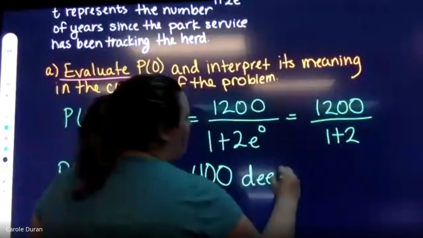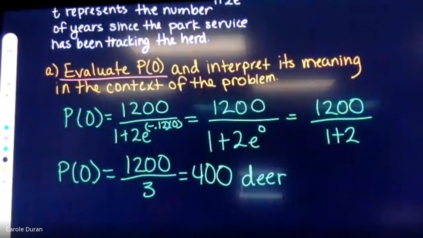But it's the population of deer when? At the beginning of what? At the beginning of time? At the beginning of when the park opened? Since the Park Service started tracking them. So that means in the context of this problem, there were 400 deer when the Park Service started tracking them.